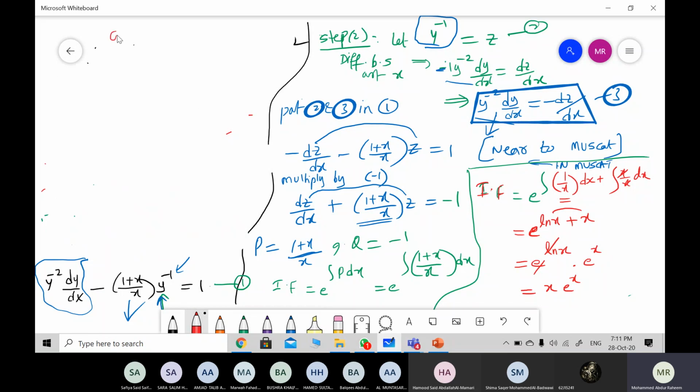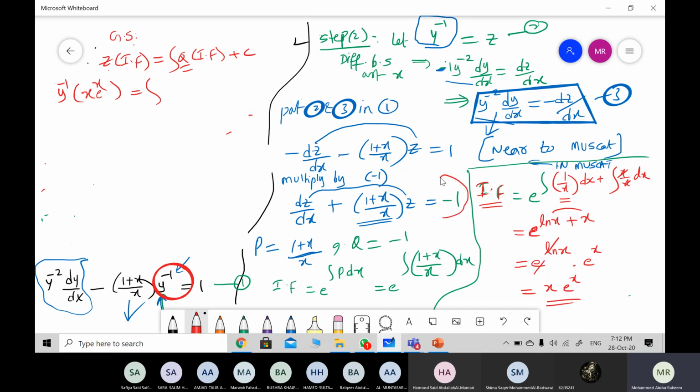So the general solution is z times IF equals integral of Q times IF plus c. We targeted that. So write that IF here. Very good IF. Integral of Q, how much? Minus 1.